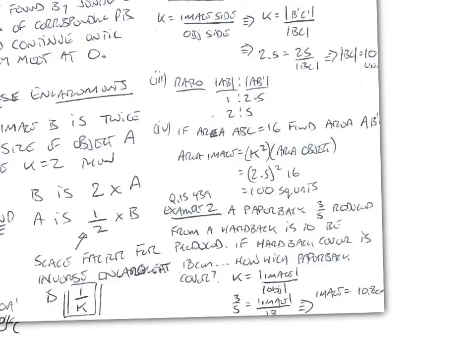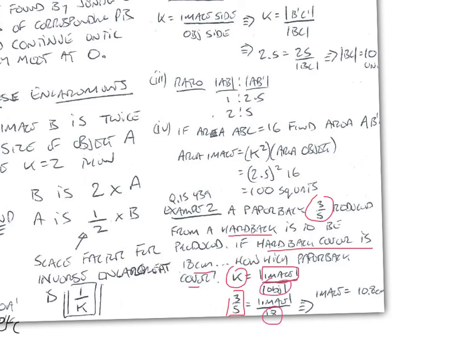And another example, a paperback 3/5 of the size of the original hardback is to be produced. If the hardback cover is 18, how high will the paperback cover be? Well, we've been given the scale factor, that's 3/5, and we are looking for the image, which is going to be the paperback, a reduced image, and we're given the object size, which is 18.